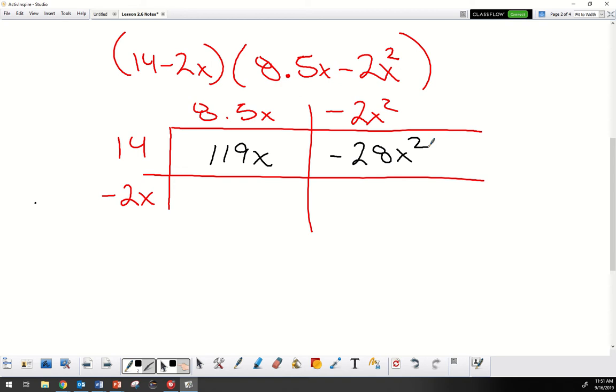Okay, and now let's go to the bottom. So now it's going to be negative 2x for this box right here. So negative 2x times 8.5x. Negative 17x squared.